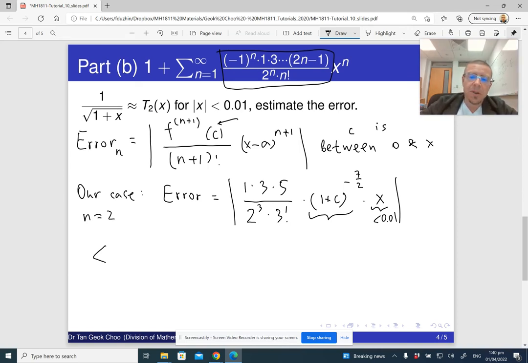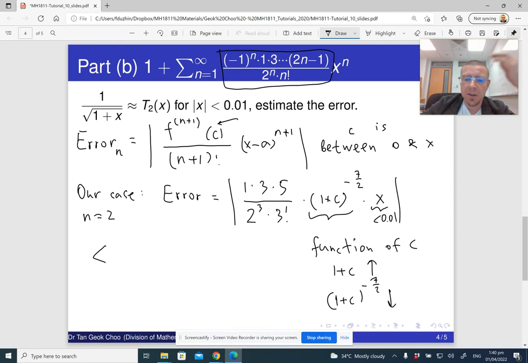To estimate this from above, we really want to ask what the largest possible value of this term is. If you think of this as a function of c, then 1 plus c is an increasing function, so 1 plus c raised to the power minus 7 over 2, since the exponent is negative, is a decreasing function.